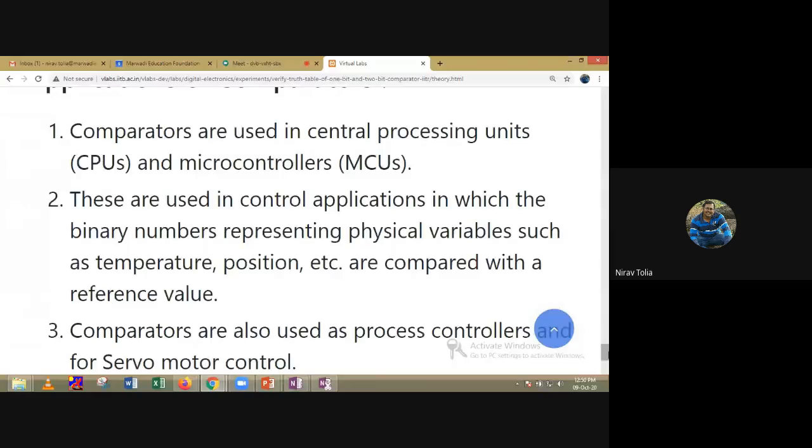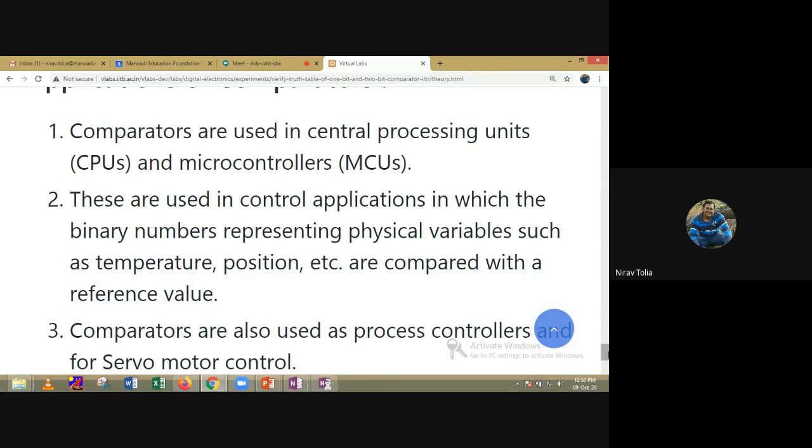Your AC will check the room temperature and the temperature set by you. So in the AC also there is a comparator. It compares the two temperatures. If your room temperature is higher than the temperature set by you, your AC will start and adjust your room temperature to the temperature set by you.